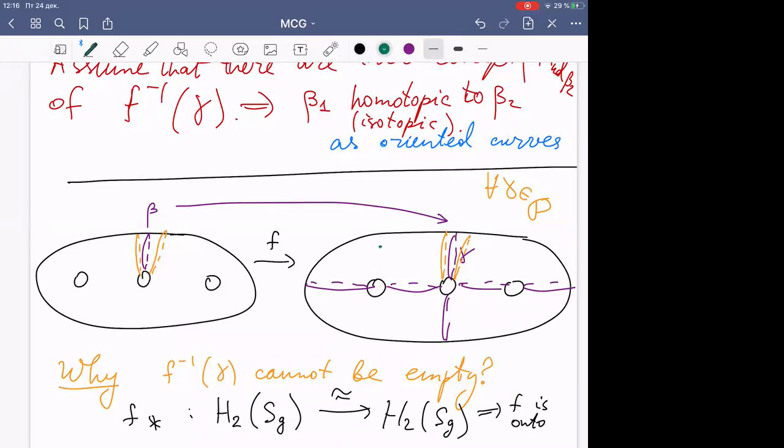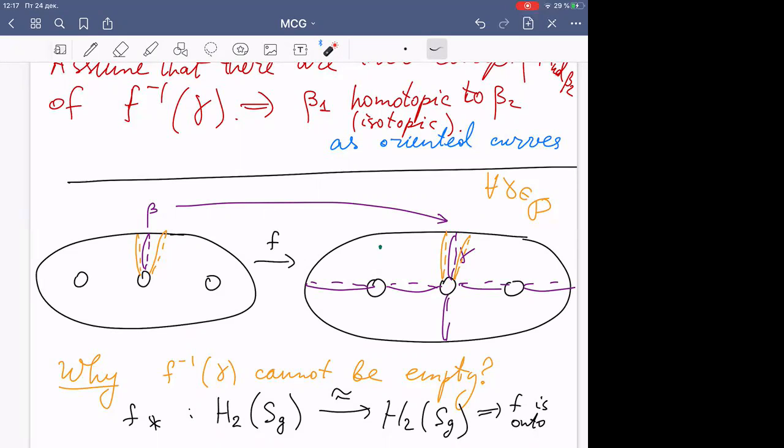Indeed, if there is at least one point not in the image of F, then the fundamental class of the surface cannot be supported outside this point. It is not possible to realize the fundamental class without using a simplex which covers this point. So actually any homotopy equivalence from a surface to a surface of the same genus is surjective.